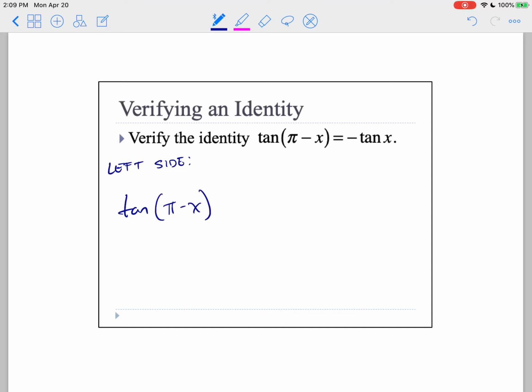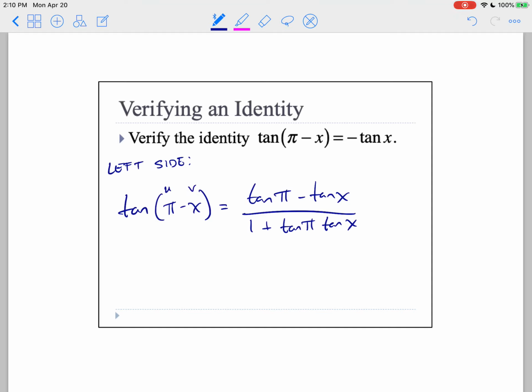I'm seeing this as the left side of my tangent difference formula, and u is going to be pi and v is going to be x. So this is going to give me tan of pi minus tan of x over 1 plus tan of pi, tan of x.